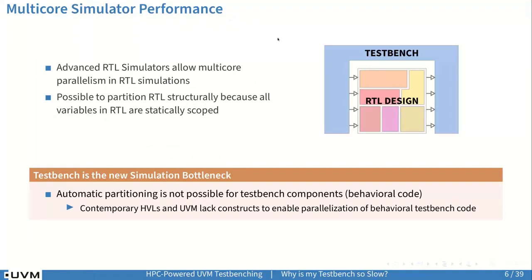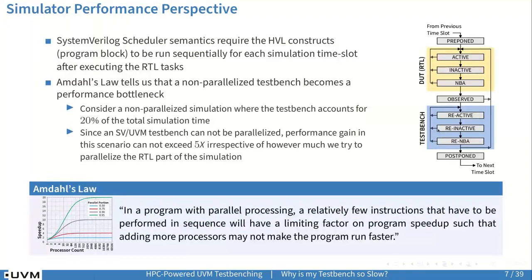So when we talk about multi-core simulators today, only the RTL part is multi-core enabled. Testbench, which is behavioral, is not multi-core enabled. In a typical scheduler for SystemVerilog, you have RTL events in separate phases, and testbench events will be sequential.